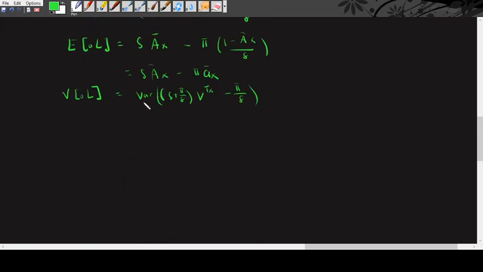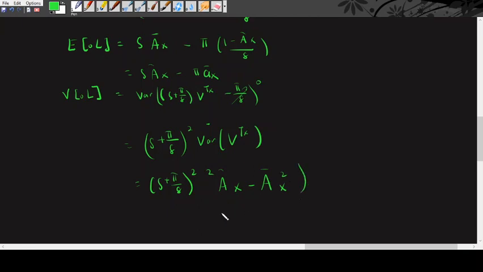The variance of the constant becomes 0. The variance of this part is (S plus pi over delta) squared times the variance of v^T_x, which is 2A-bar_x minus (A-bar_x) squared. Remember, this kind of expectation and variance formula can only be used under the equivalence principle.